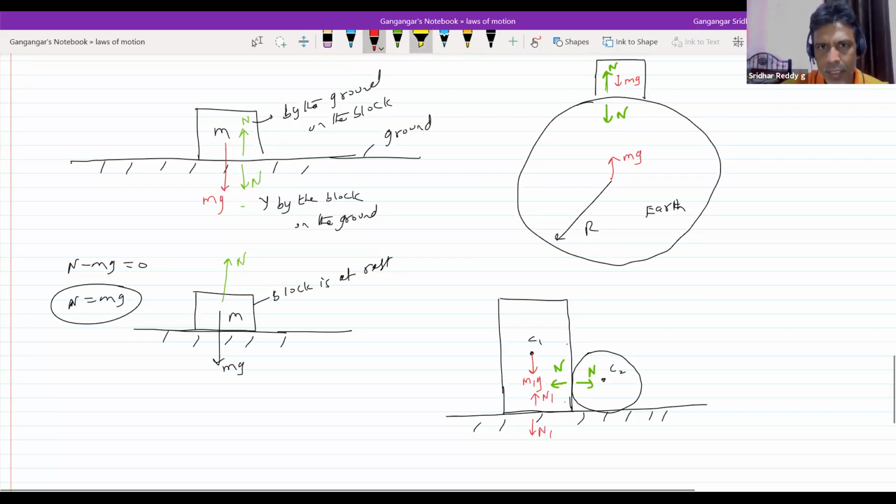The weight m2g. And I'll give different colors. Normal contact, I'll give blue color. There's a weight m2g. Then this normal contact. Is that okay now?